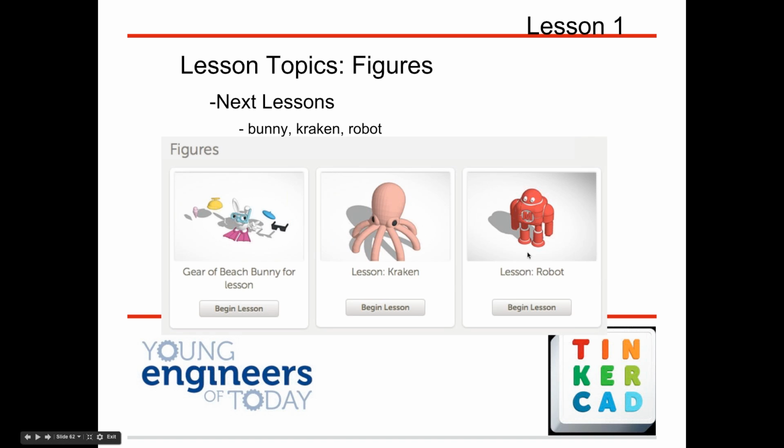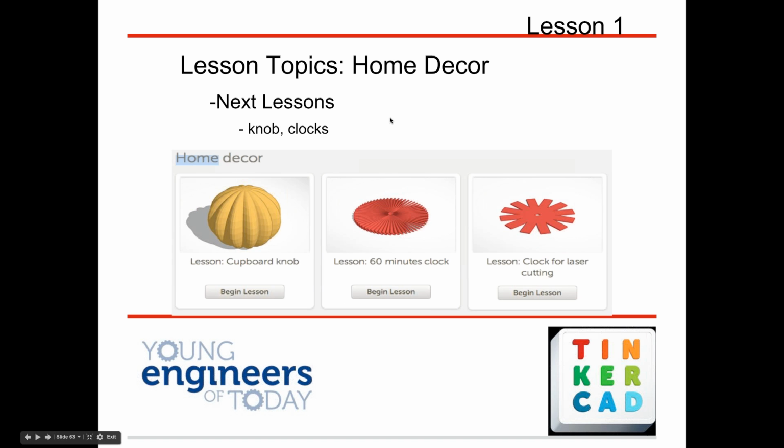All right. You also have lessons on figures. We saw the bunny one where it helps you put things together. You could actually go ahead and do that one if you wanted to. You have one on this octopus and then the robot, which is pretty cool. And I believe the M stands for MakerBot, probably, or Maker oriented.